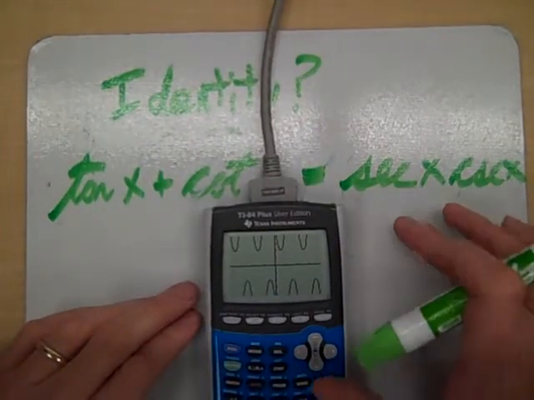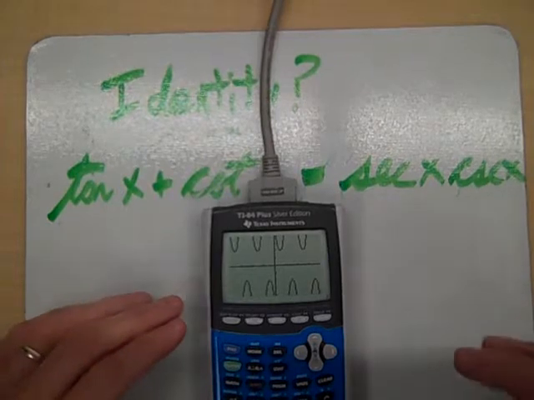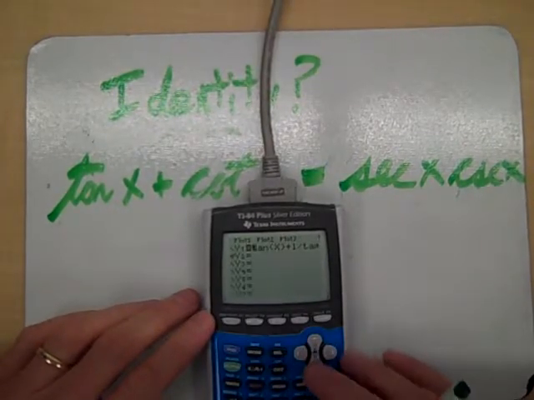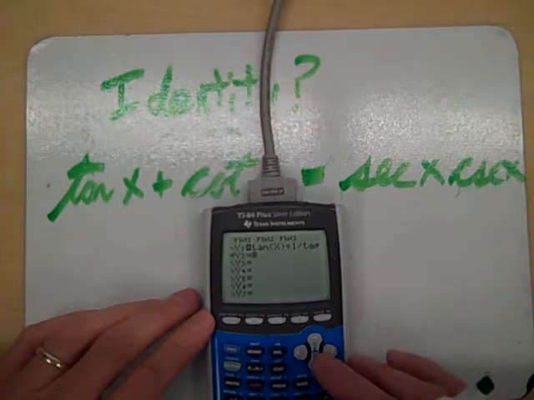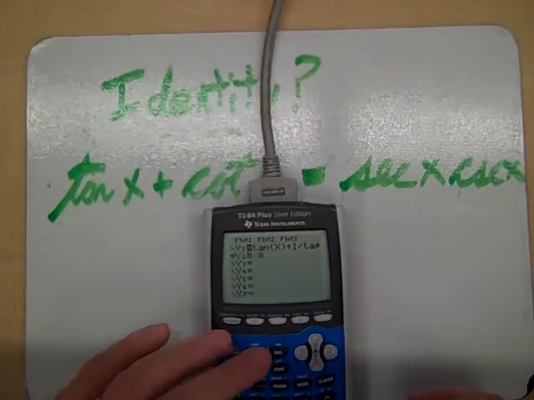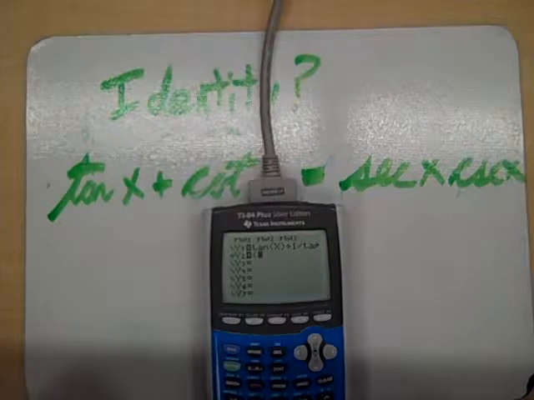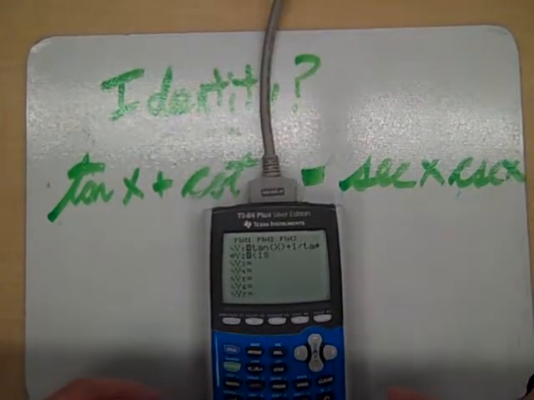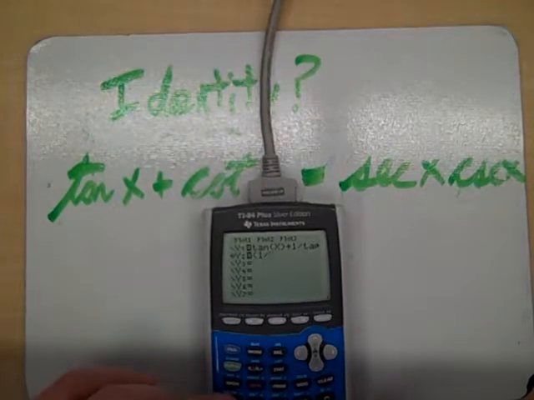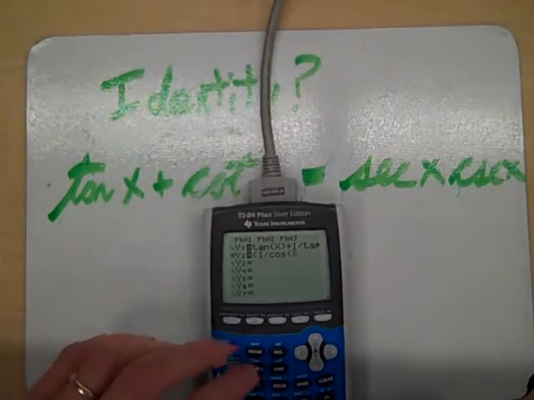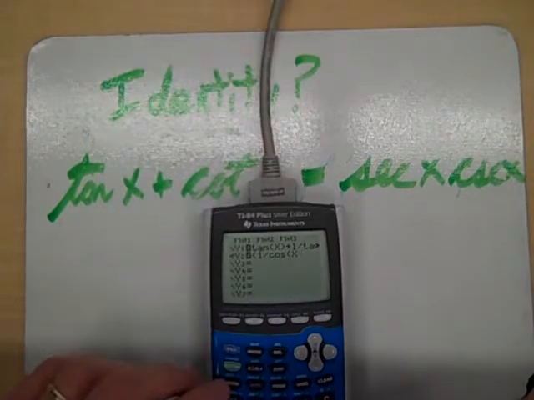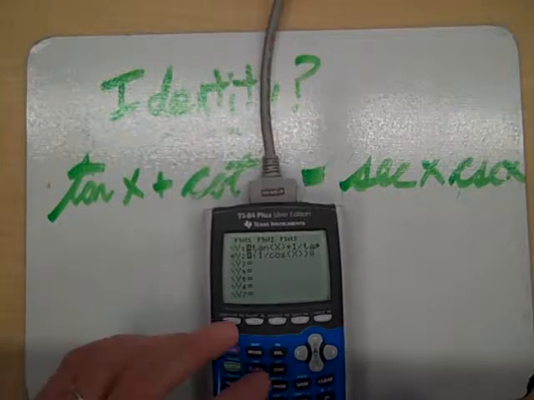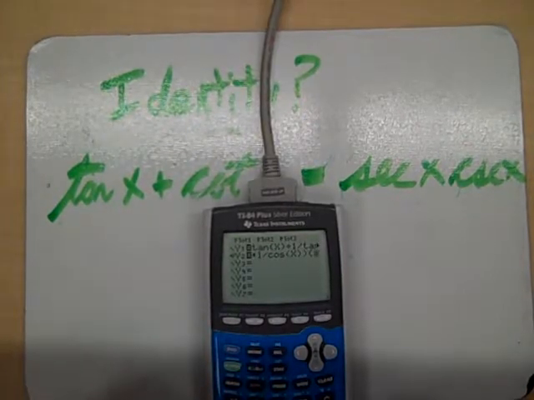And that is the left side. The right side is secant of x times cosecant of x. So I'm going to hit the y equals and go down here. The secant of x is 1 over cosine, right? 1 divided by cosine x, and I'll close parentheses there, times cosecant.